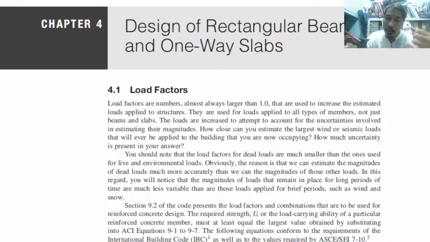We are going to determine the size of the steel bars. We are going to determine the size of the concrete beam given the nominal moment or the design capacity. So we will do it in reverse again.